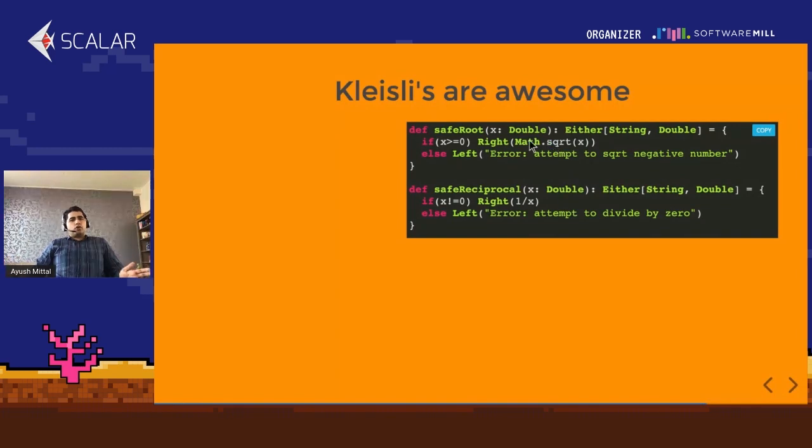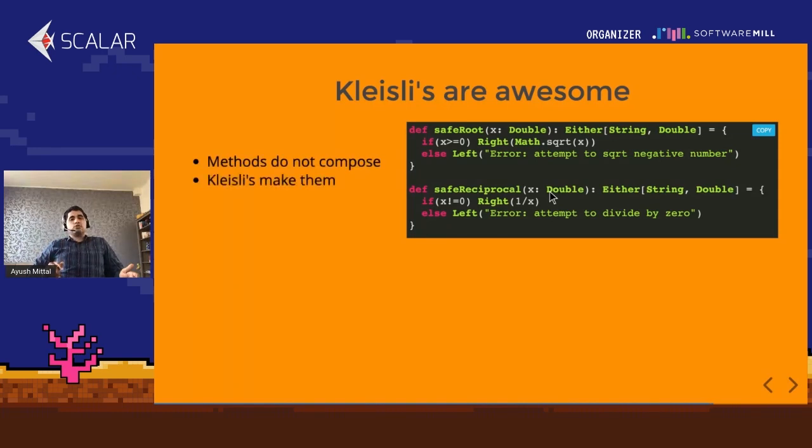I cannot call safe root followed by safe reciprocal directly, because this one returns an Either, with a String on the left and a Double on the right, and this one takes a Double as an input. I can make them compose using pattern matching on Either types, but there is another way.